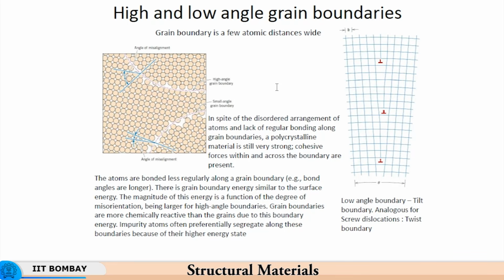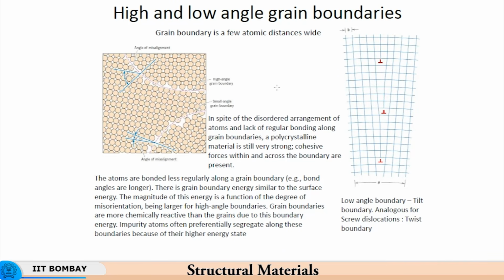Now the grain boundary which will form at the intersection will depend upon the angle at which the two lattice directions meet, right? So there is order in this direction, there is another long range order in that direction, due to which you have a grain boundary here, where the angle of misorientation between the two lattices is very small. That is called a low angle grain boundary.